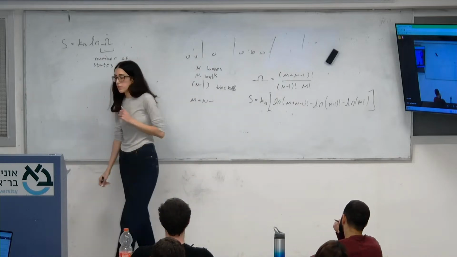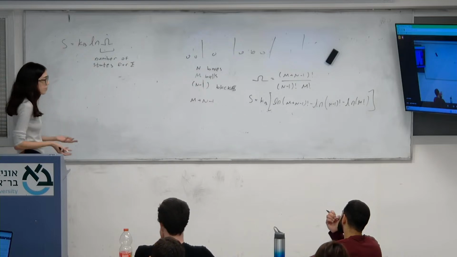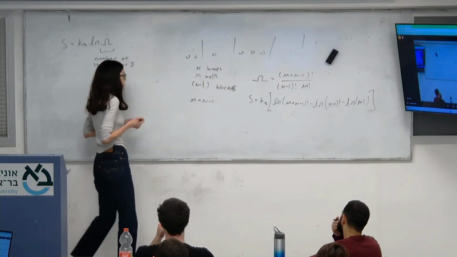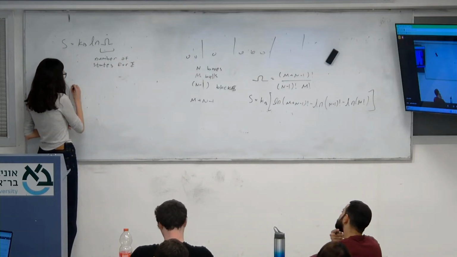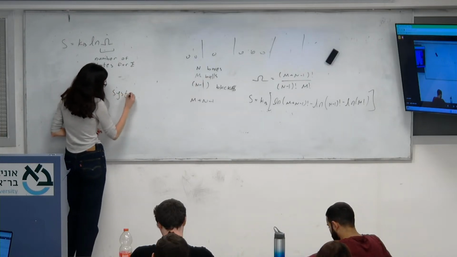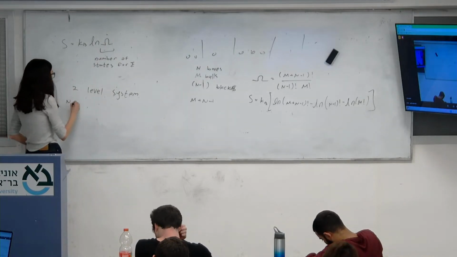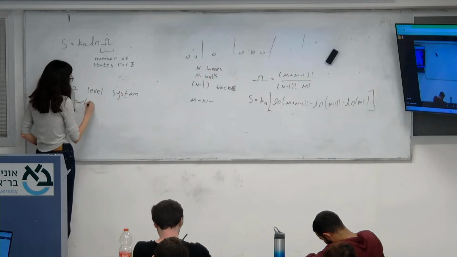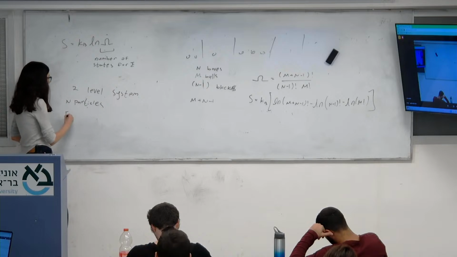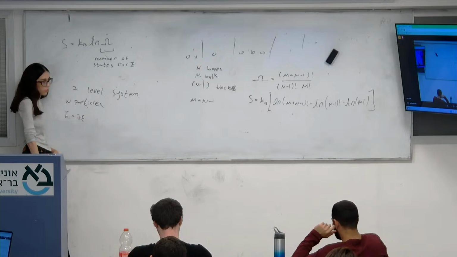The second example is the other very simple system that we think of, which is a two-level system. So we have n particles again, and each particle can be in a state of energy which is either plus epsilon or minus epsilon.